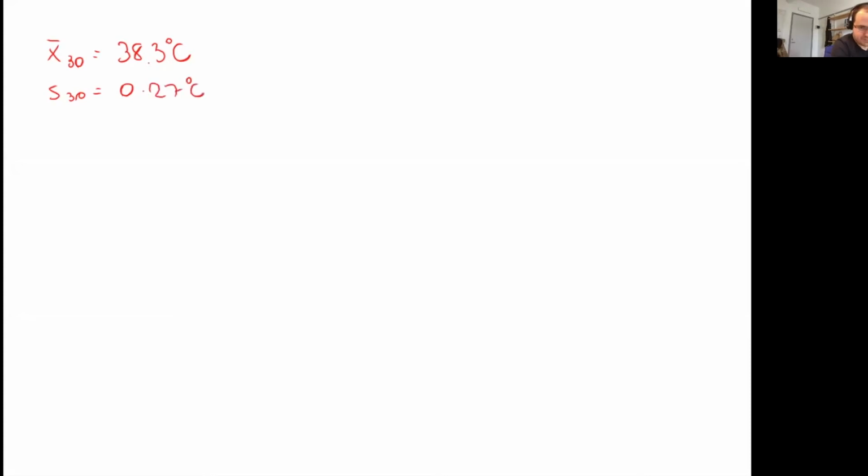Then there was this other sample of people who exercised 60 minutes, and the sample mean was 38.9 degrees Celsius. So it was larger, right? The temperature was larger indeed, but it also varied more, with 0.29 degrees Celsius of standard deviation.